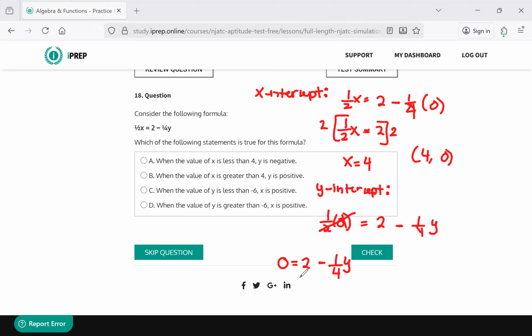Then solve for y, so you subtract 2. You get -2 equals -1/4 y. Then get rid of the -1/4 by multiplying everything by -4. So -4 times -2 is +8, and this is just y. So you have a y-intercept at 0, 8. Plot those 2 points and you've got your graph.